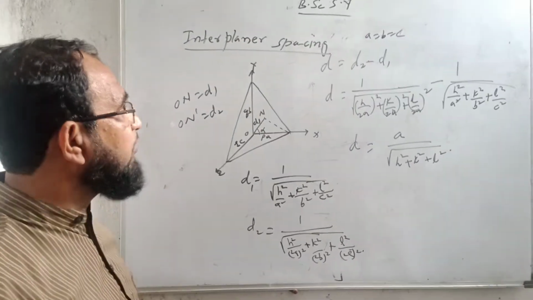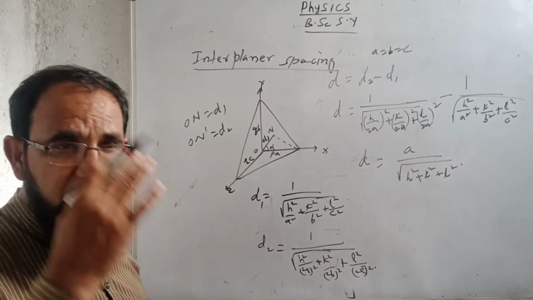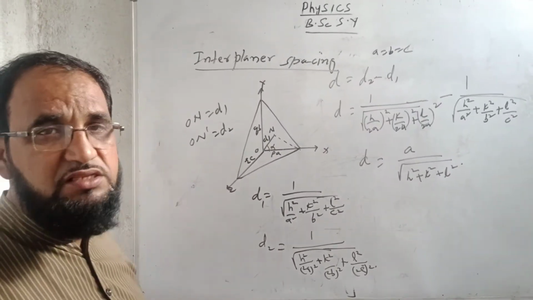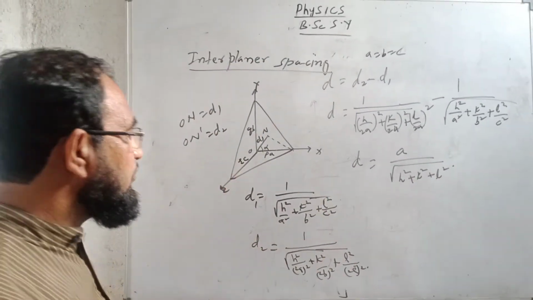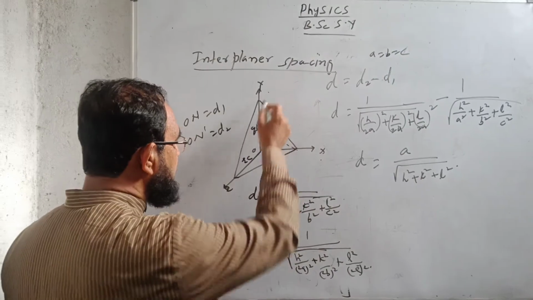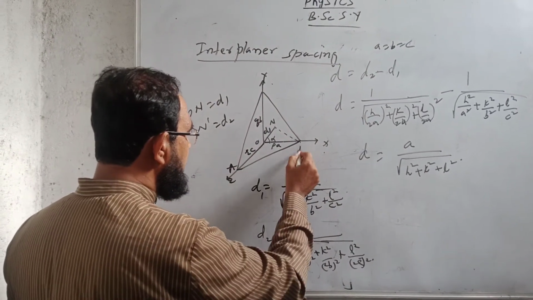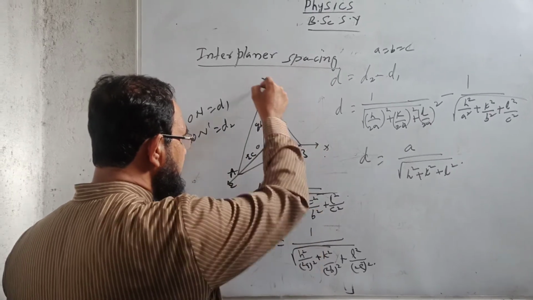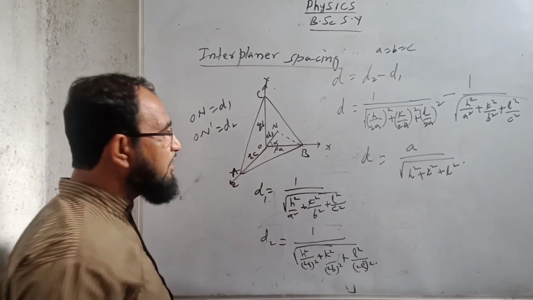Now how to find the interplanar spacing? We know about the parallel planes of the lattice. The lattice has different planes. If I draw the x-axis, y-axis and z-axis, and these are the planes A, B, C, then BC is a plane, AB is a plane and AC is a plane.